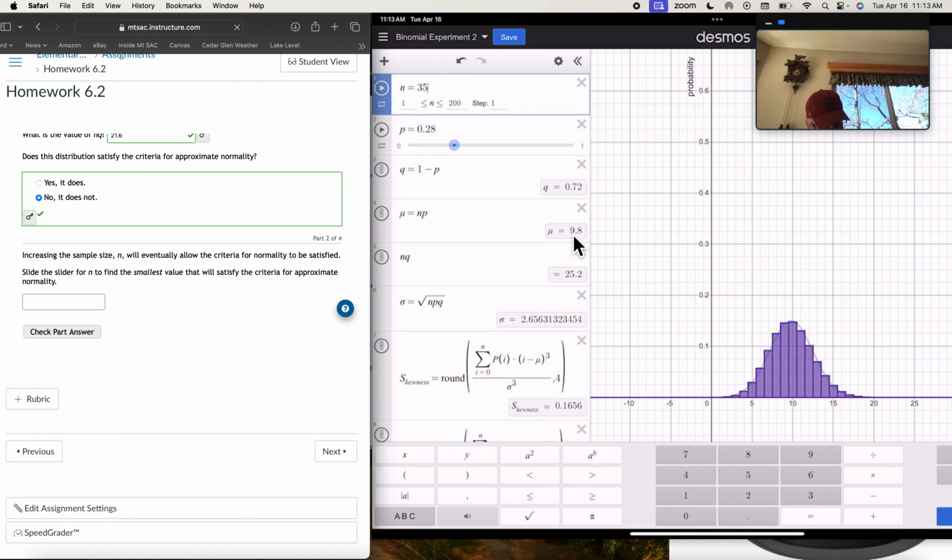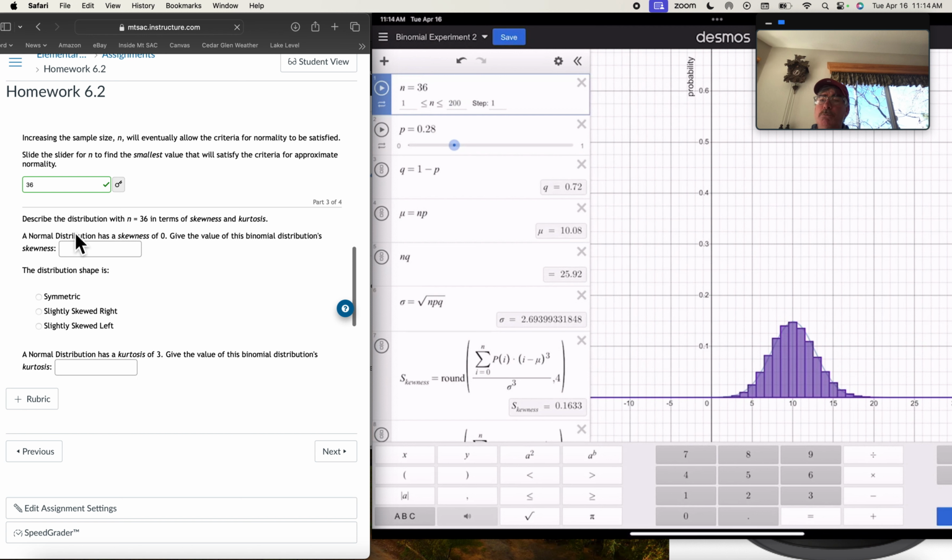It's supposed to be 10 technically, so I'm going to make it 36 again. That does the trick. Okay, 10.08 and 25.92. And it asks, what's the smallest value of n that will satisfy the criteria? And the answer is 36. Okay, I'm going to check that.